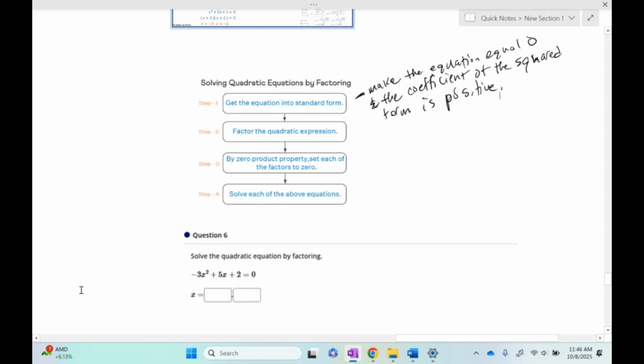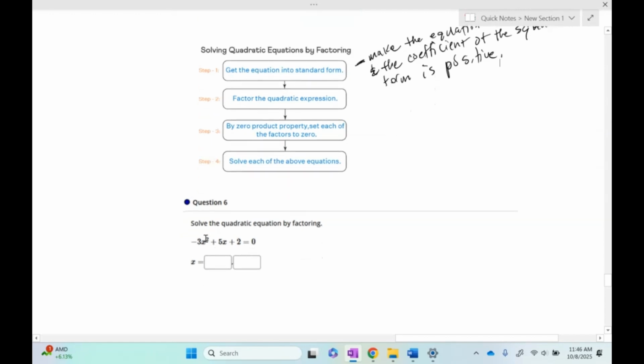So if I'm looking at my equation, it's quadratic because the largest power is a square. You may have other powers, but if the largest power is a square, that automatically makes it a quadratic. So it's in standard form because it's set equal to 0, but the coefficient of the squared term is negative, and I want to make it positive.